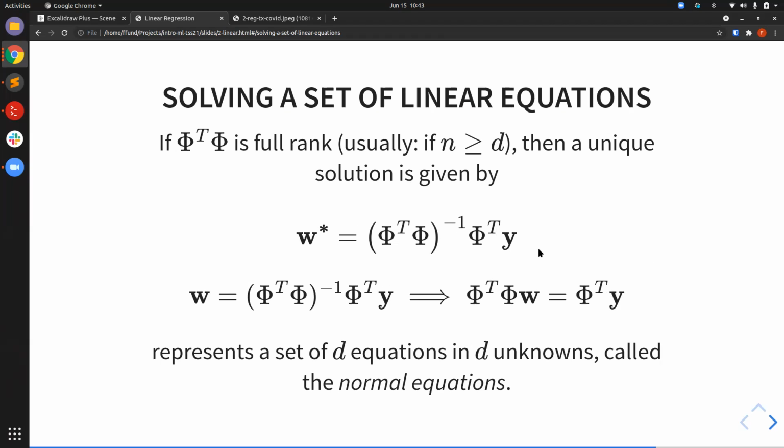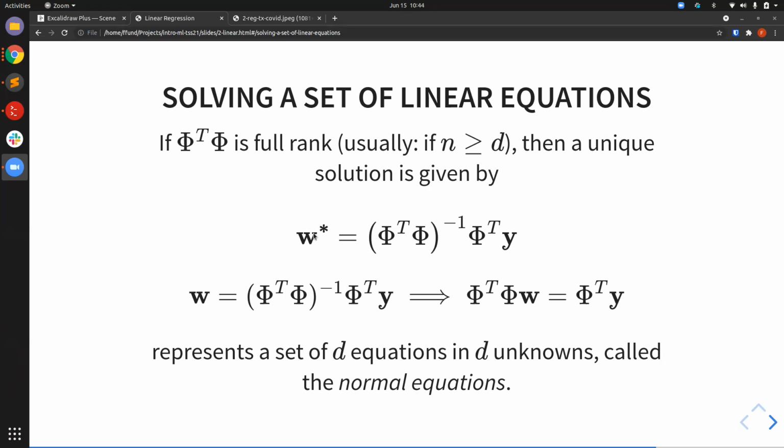And we can rearrange it like this. This gives us a set of d equations and d unknowns, and these are referred to as the normal equations. After this lesson, I'm going to post a short notebook that shows you how to compute linear regression coefficients by solving a system of linear equations, using the standard linear algebra method. That's exactly what's happening here.